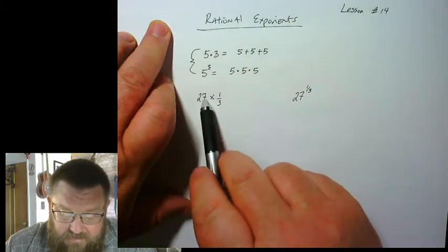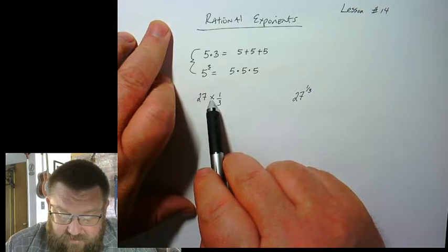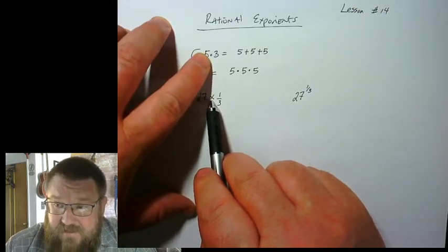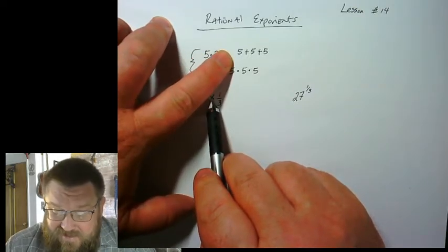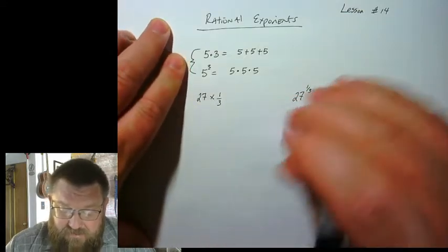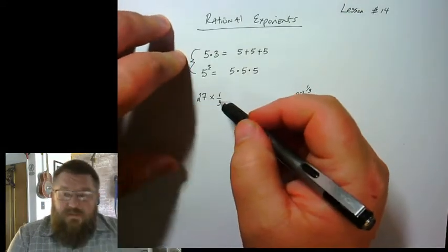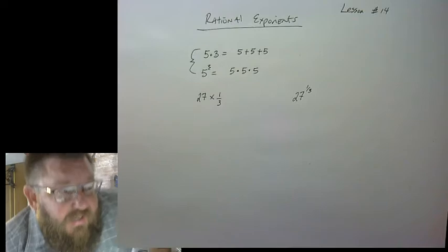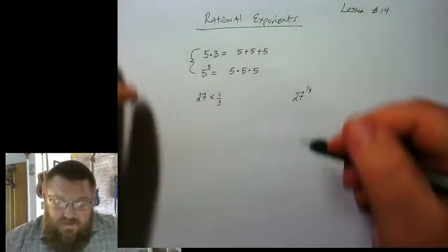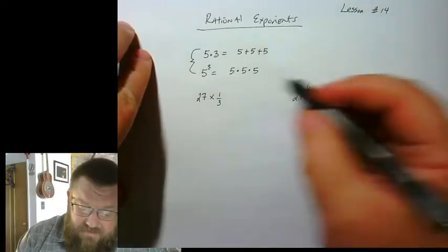Now, here, this is multiplication, which, as we know, is repeated addition, but it's with a fraction. So here's the thing this is actually asking. What this is really asking is a question about repeated addition.